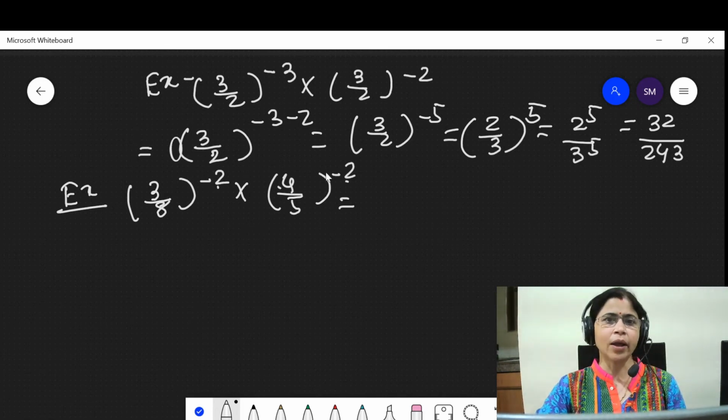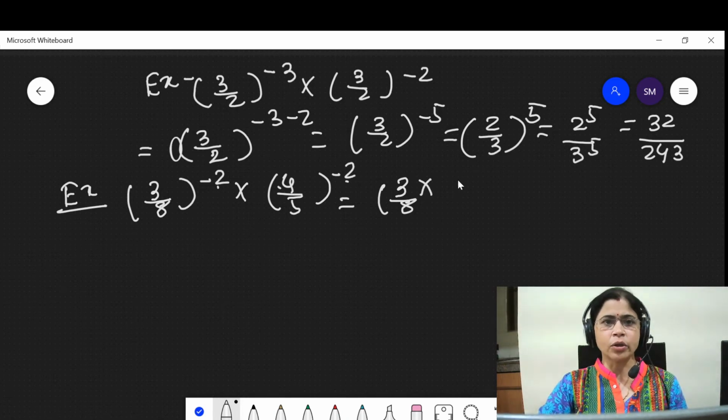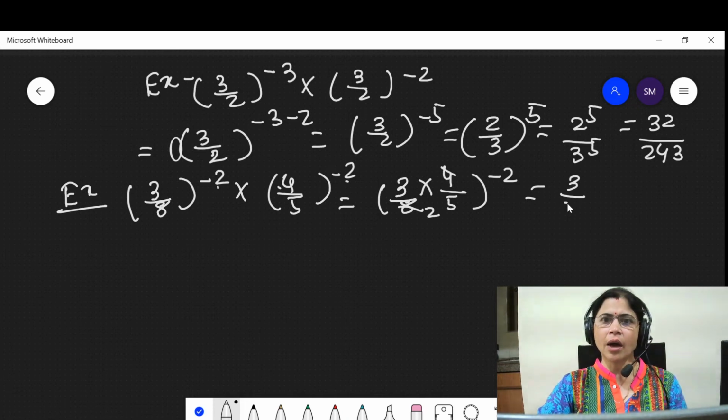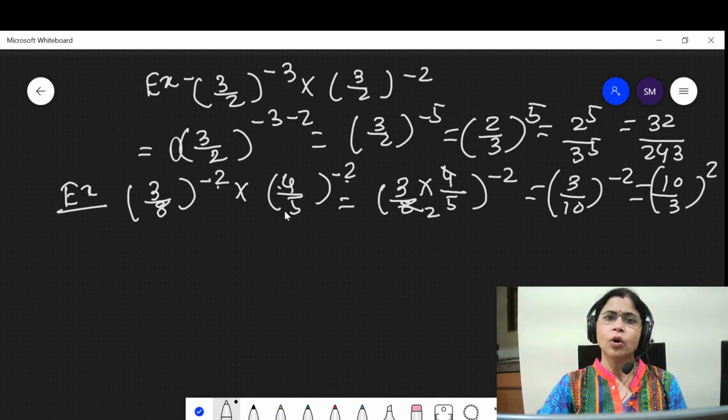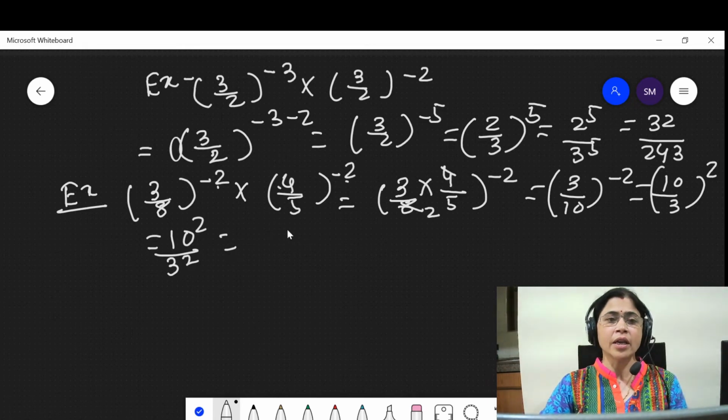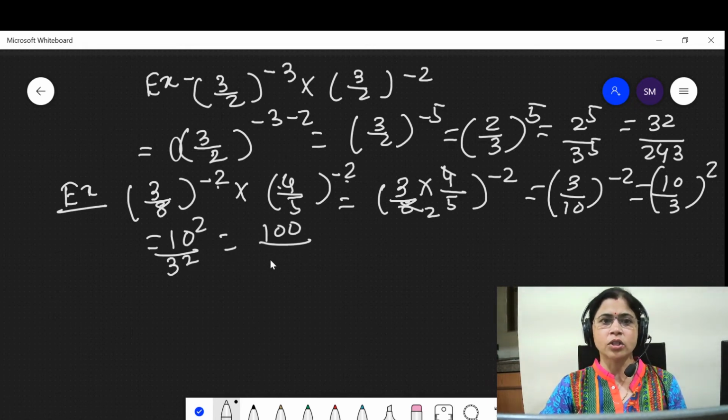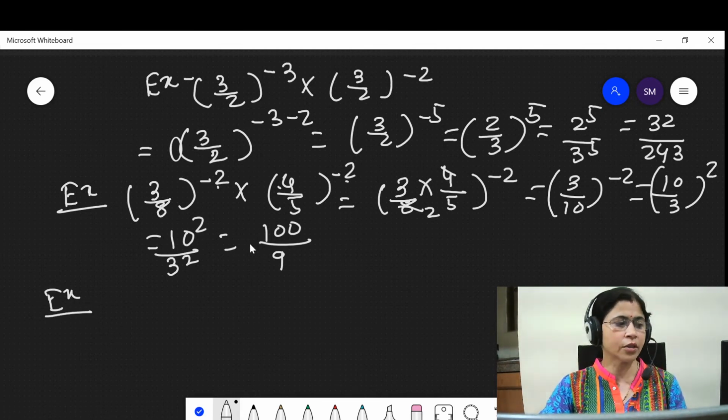In the same way, as the exponents are the same, this is equal to (3/8 times 4/5)^(-2). Here we cancel and get (3/10)^(-2), which is equal to (10/3)^2. Students, when you solve questions, keep in mind all these theories and properties, which will be helpful for you.